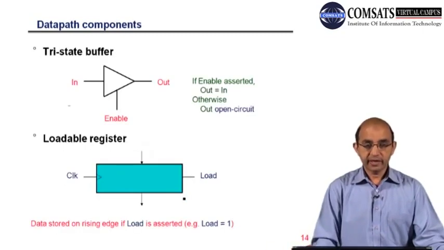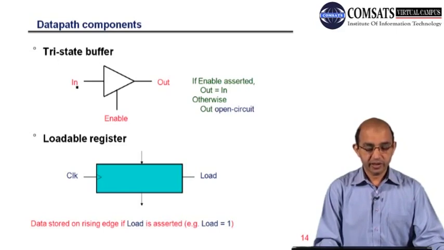As I have mentioned, regarding the ALUs, two components are important. First one is the data path component and second is the control path component. For data path components, there are certain elements that we can deploy. First one is the tri-state buffer.